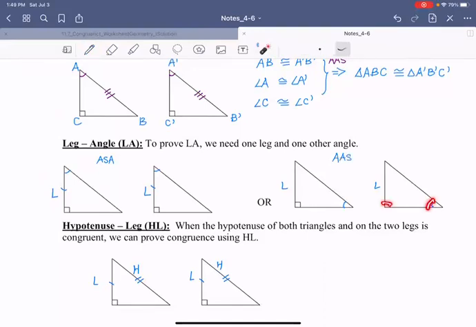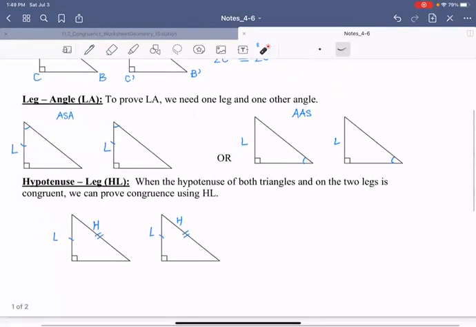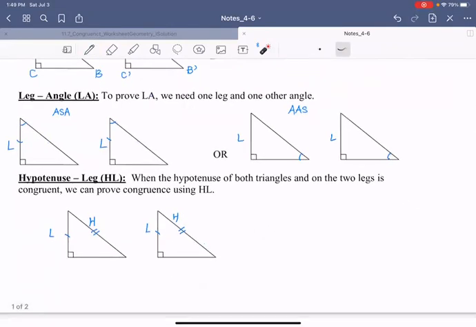Yes. Angle angle side. Okay, Abby, let's do one more. Given a hypotenuse congruent and a leg congruent, how do we prove these two are congruent? SSA is not working. What can we do?